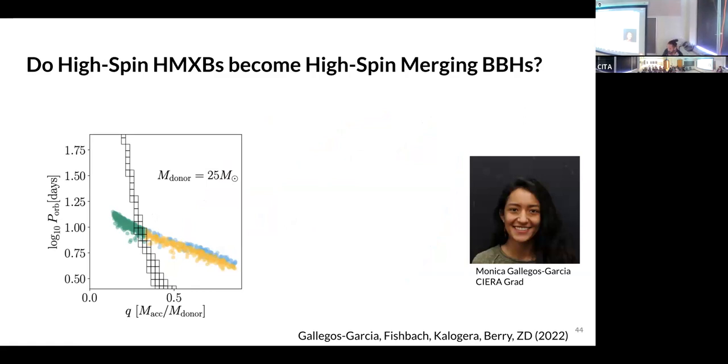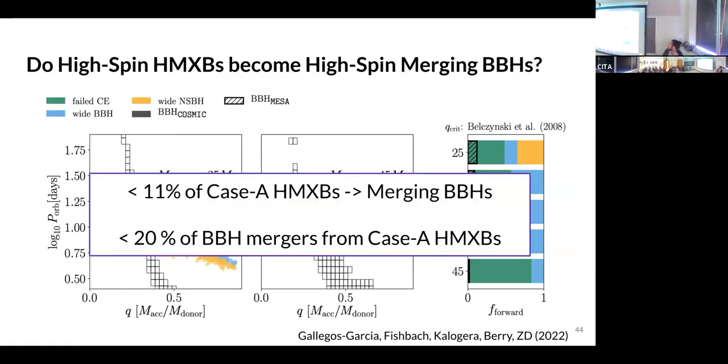I'm not going to go through the details since we don't have time, but the main conclusion was that very few of these HMXBs that we think will have high spin end up being merging black holes. And the flip side of the coin is that only 20% of the mergers that we're seeing as black holes in LIGO and Virgo came from this channel where we think that you get high spin in the HMXB.